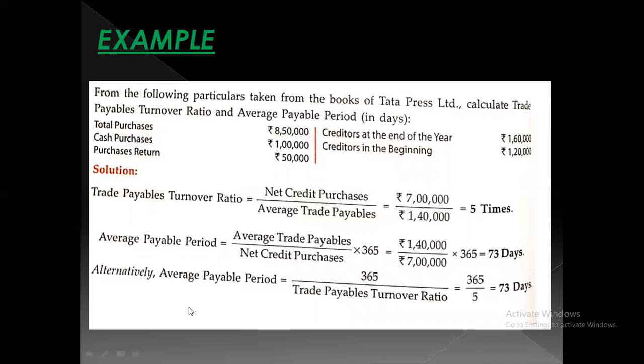Or if you are calculating in the form of ratio, this is days in a year 365, and trade payable turnover ratio is 5. This will again be 73 days. So that means the firm pays the money against the creditors, against the bills payable within 73 days.